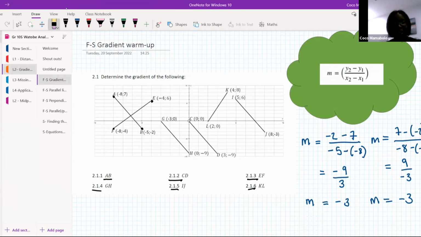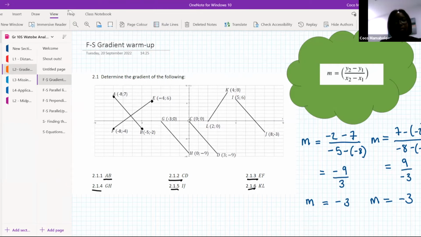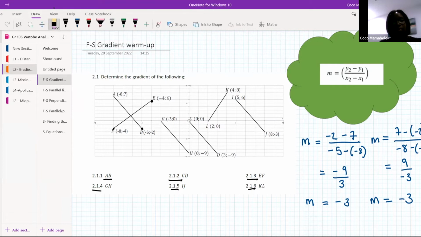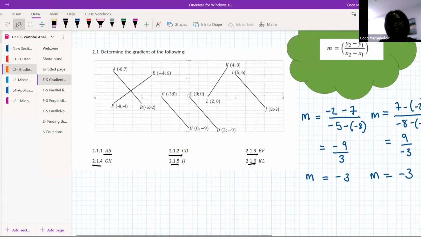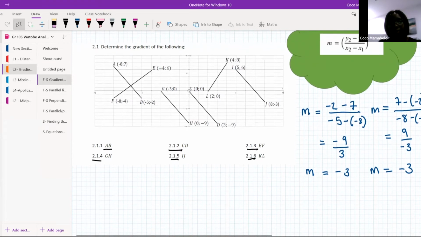Okay, let's give everyone else a chance. If you can't find the fire emoji, just write fire in the chat. It's fine.